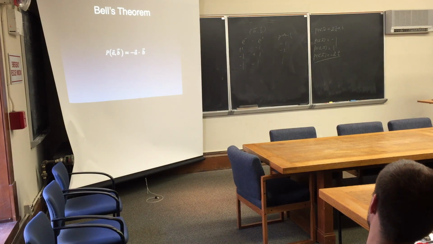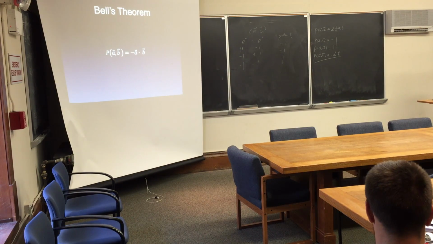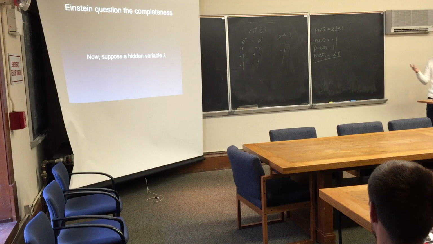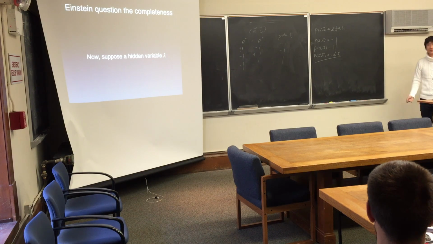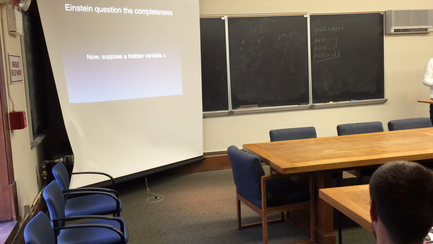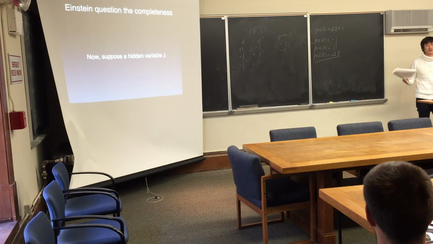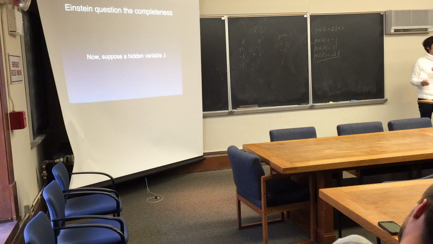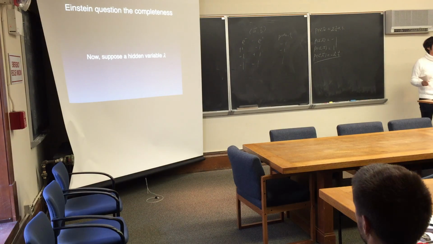Now let's make some assumptions and prove the hidden variable theory is not physical. First, suppose there's a hidden variable lambda. There's no real assumption about this hidden variable; it can be whatever random variable.